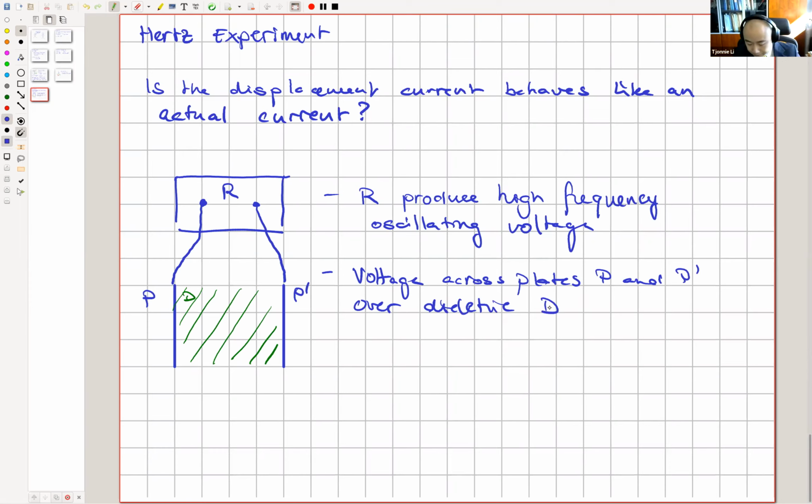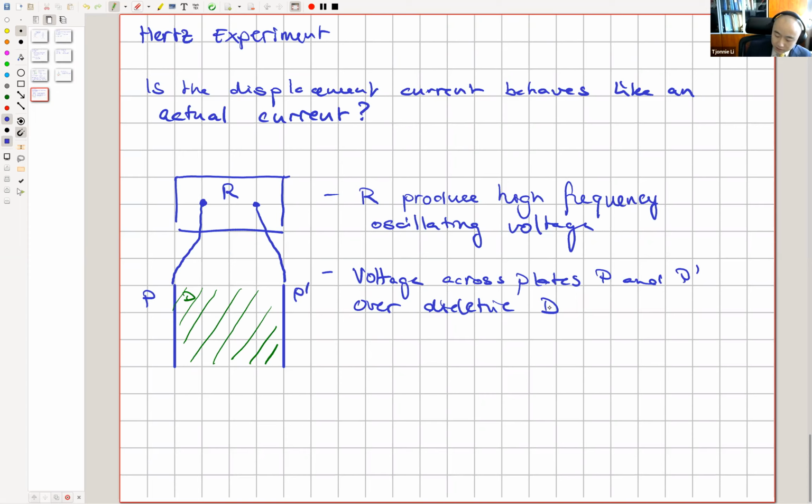Okay, so first, what is it that we're really doing in this situation? R is producing a high frequency oscillating voltage in between plates P and P prime.